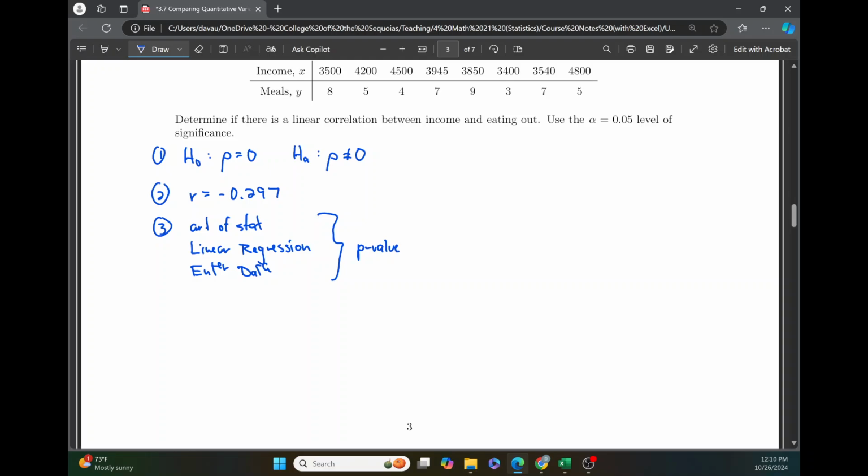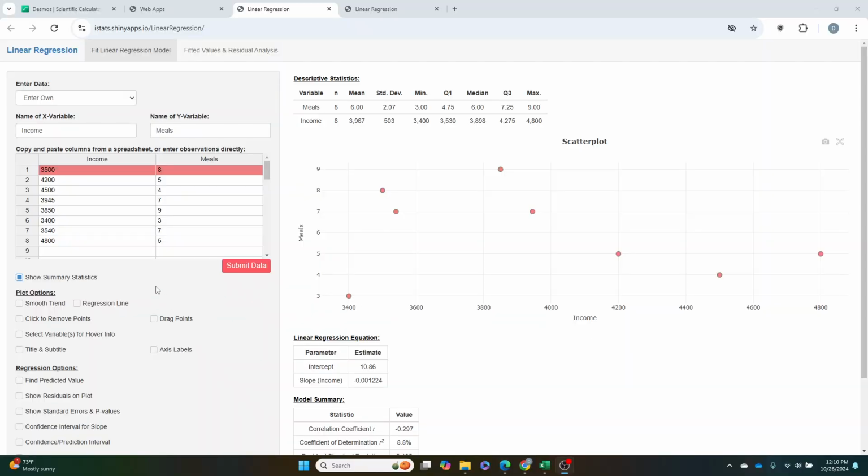Let's see. So to get the p-value, I'm just going to click on the box that says show standard errors and p-values. And it looks like for the slope, the p-value is 0.4746.